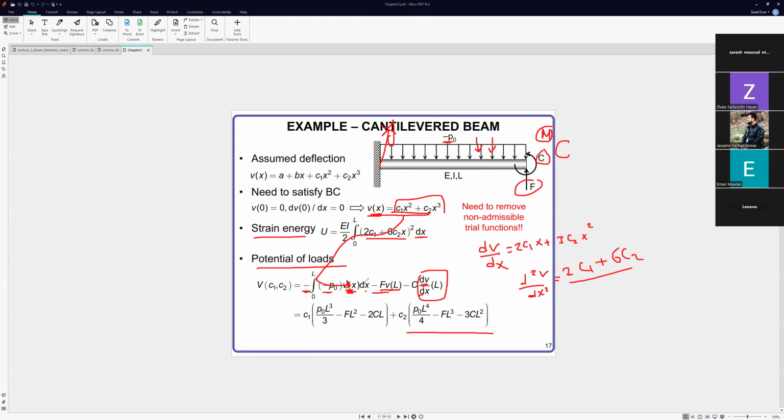This is very important to my dear students, because, for example, let me solve the first one. Minus will be plus. P naught integral 0 to L, C1 x squared plus C2 x cubed dx.